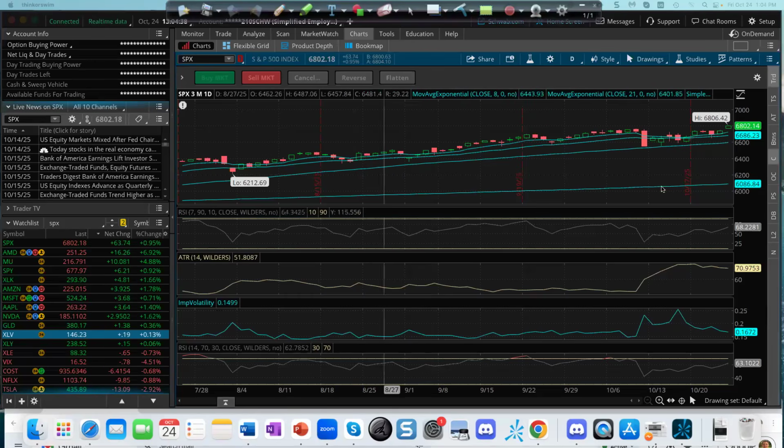Number 1, I'm looking at this chart. This is just a 3-month chart of SPX. From this chart, I'm going to focus more on the last 10 days. The types of trades that we put on, range bound trades, are butterflies, calendars, double diagonals, could be some put credit spreads, iron condors.